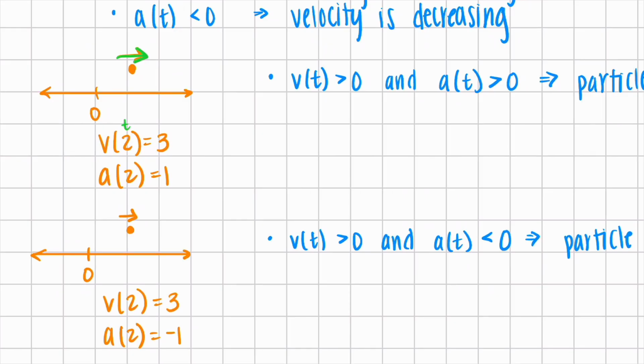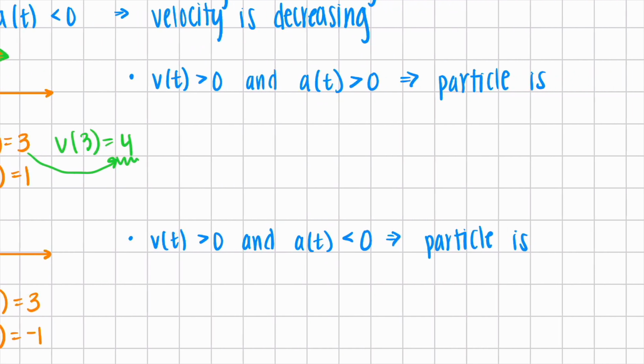And so if my acceleration is 1, let's just say my velocity is linear, just to make it easy. Let's say at v of 3, then my velocity is 4. So now my particle is moving 4 yards per minute to the right. Notice that your particle is speeding up. So when v of t is greater than 0 and a of t is greater than 0, your particle is speeding up.